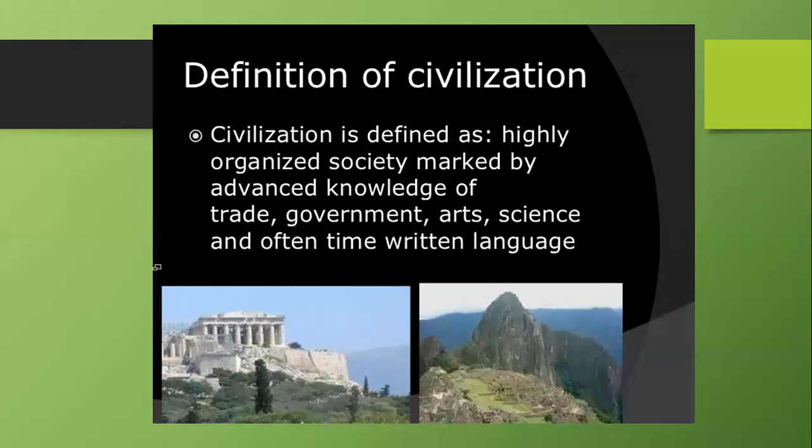You think highly organized society and you think of our society today, but think in lesser terms. As long as it's a group of people together, and they're trading and they have some sort of hierarchy of government involved, that would be considered a civilization.